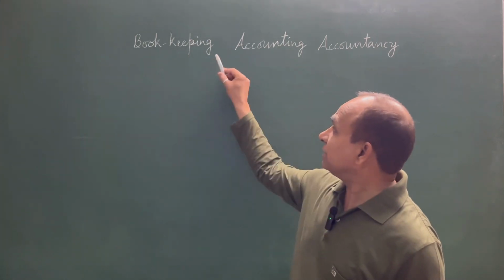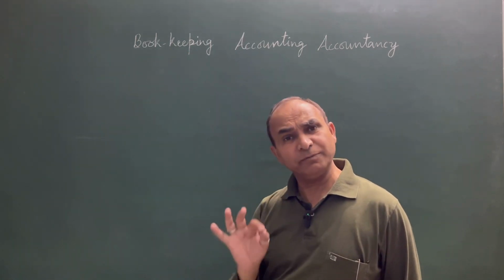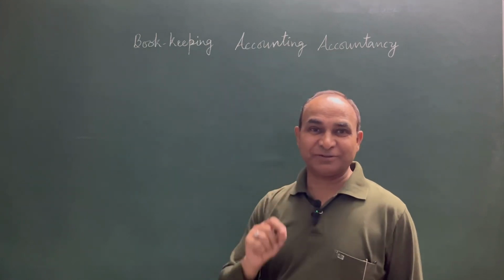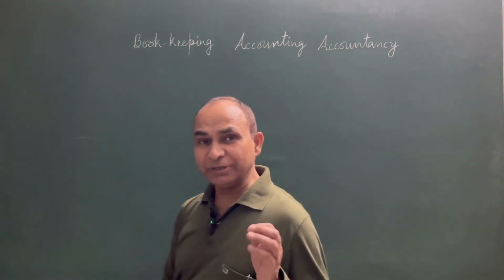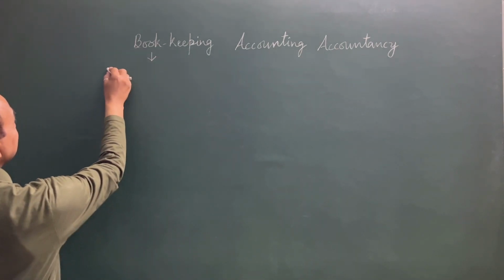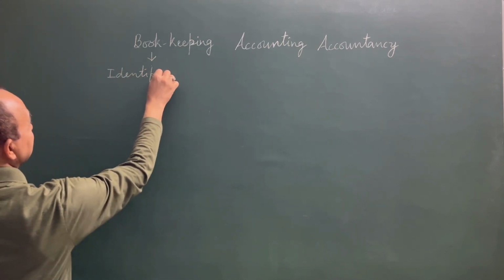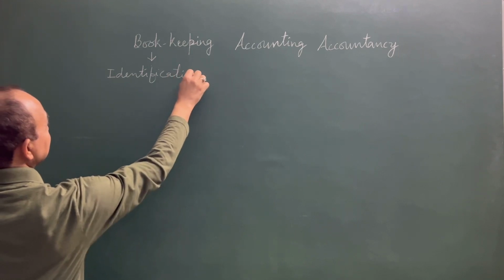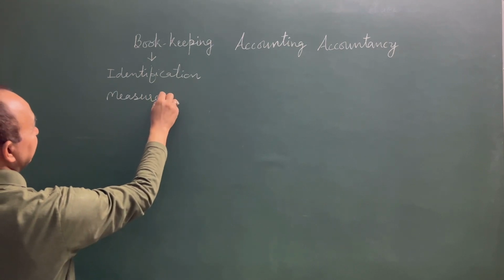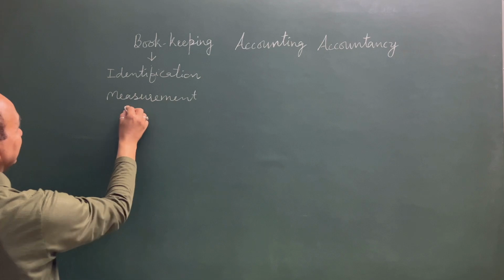Then what is bookkeeping? Bookkeeping simple meaning is keeping of books. Keeping of books means what? Recording of transactions in the books of accounts. So bookkeeping includes identification of financial transaction, then measurement in terms of money, it means finding their value, then journal.